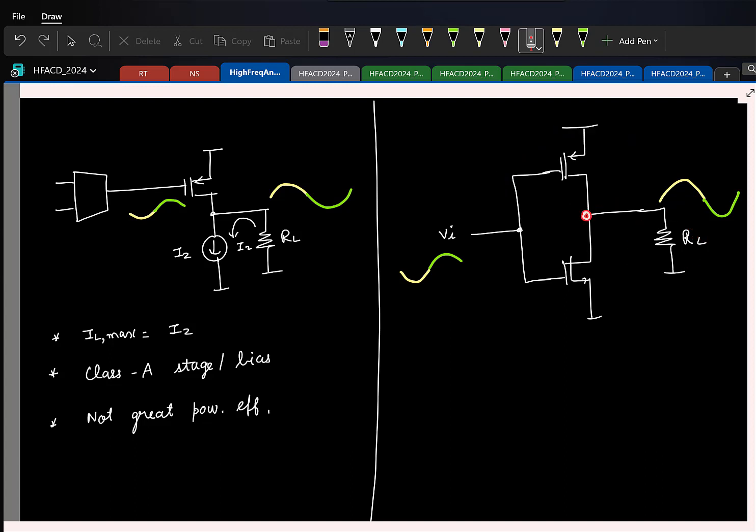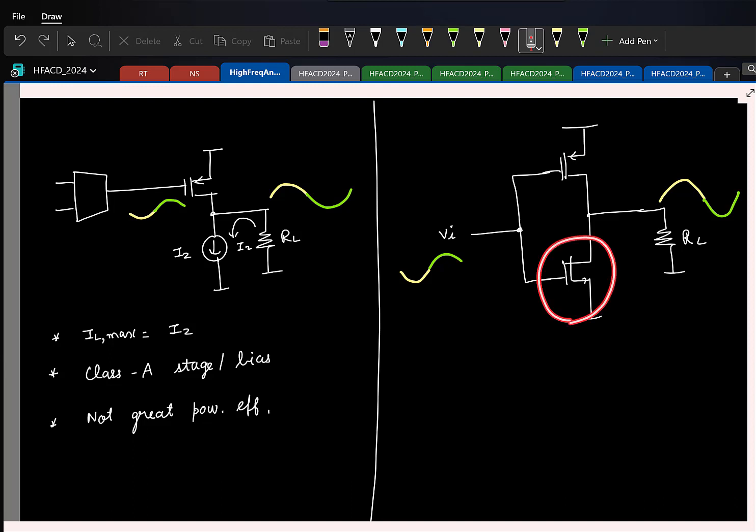And what is the maximum the voltage here can reach, without worrying about the region of operation of the transistor? It can reach VDD here. Let's not worry about whether it is in saturation or not. Let's just see what is the absolute maximum I can go. Similarly, if the output is trying to go lower and lower, which means the input here will try to go higher and higher, after some point the PMOS will stop responding.